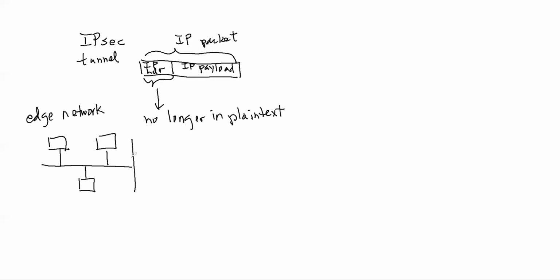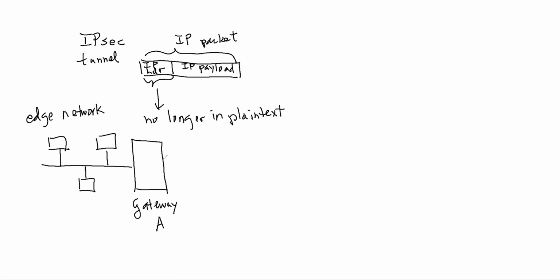And then I have a gateway. Let's call this gateway A. This is a router that has its IP address in plain text.